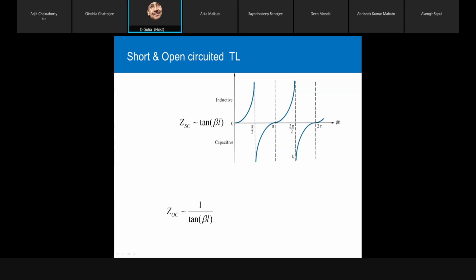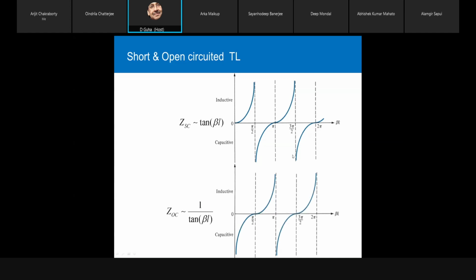So I'm coming to the other counterpart when it is open circuited. And you look at its nature. It is not only short circuited line, your open circuited line can also help you to realize again capacitance and inductance depending on that. From these two graphs, you can see, suppose you have some transmission line having this length or beta L up to this value.